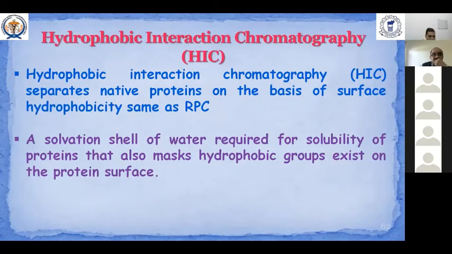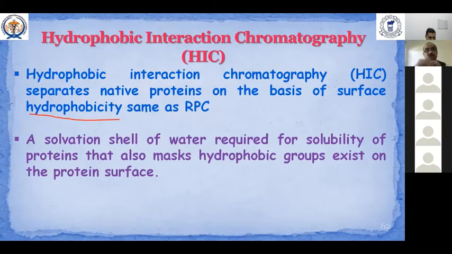Next one is hydrophobic interaction chromatography. This is used basically for the separation of proteins, right? This is again based on hydrophobicity, the same as reverse phase chromatography. So what happens?